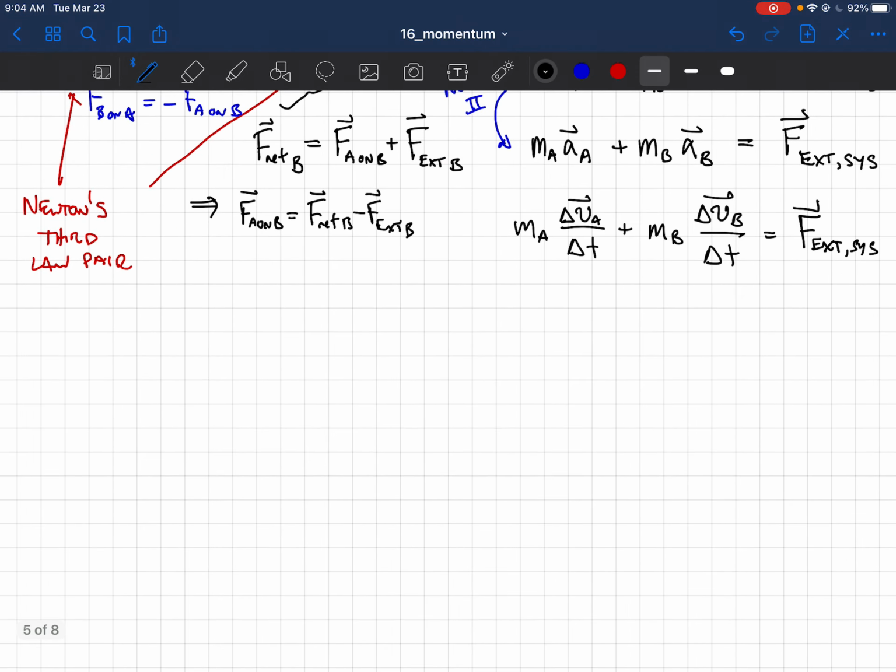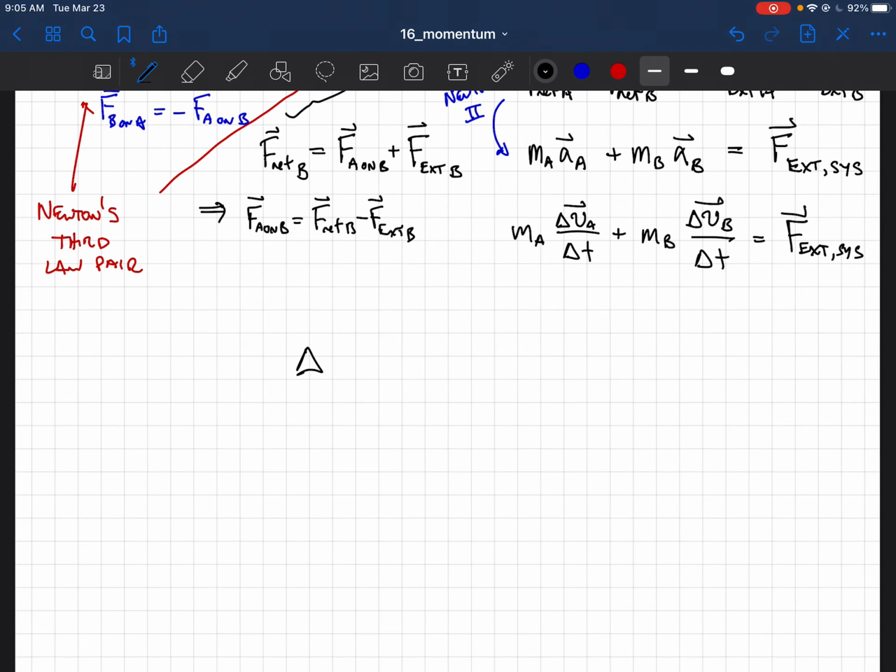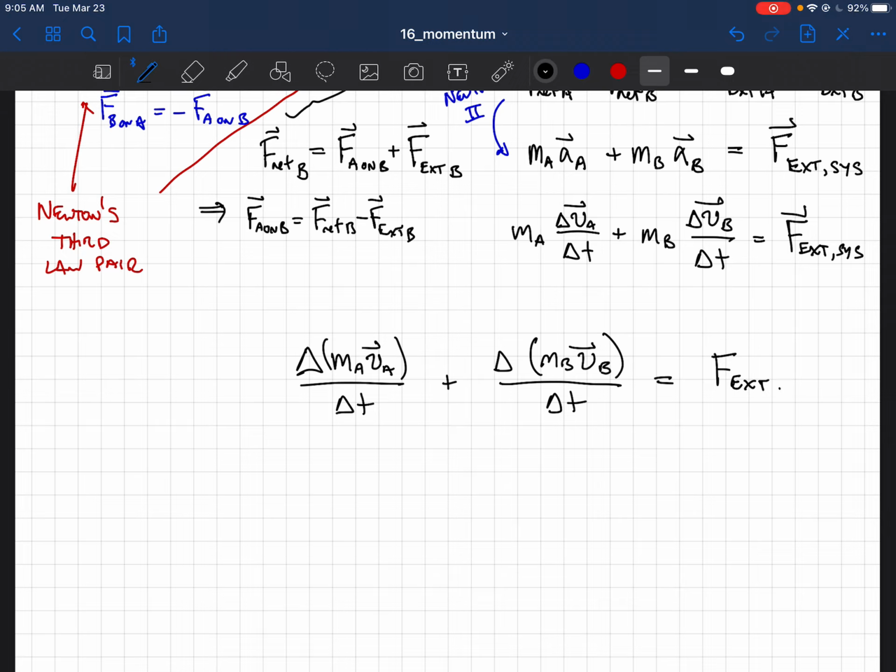And now I could put these things together. So what I can say is that I can bring the m inside of the delta, so this becomes delta mAvA plus delta mBvB, so the change in that quantity is equal to the total external forces on the system.